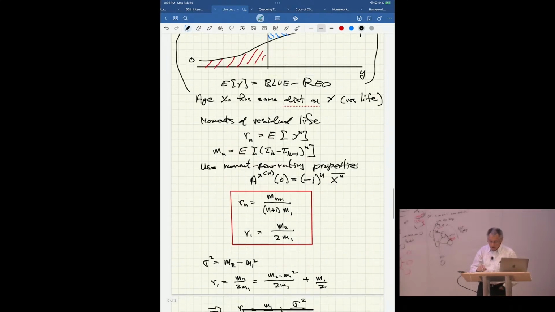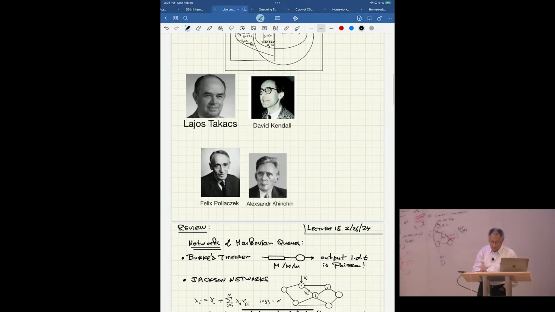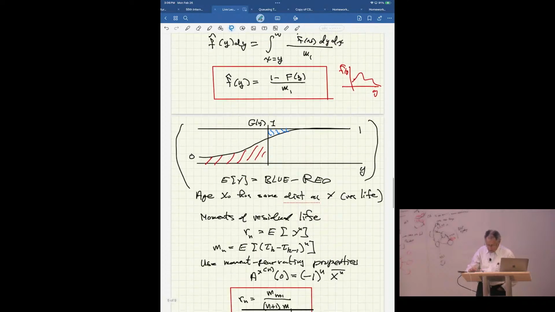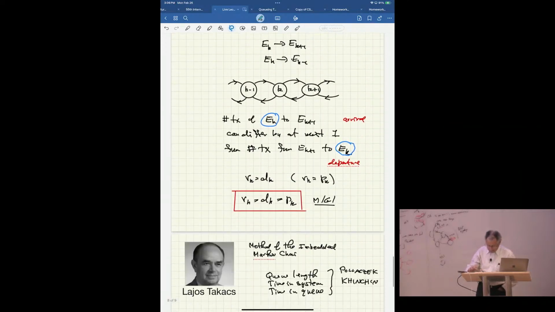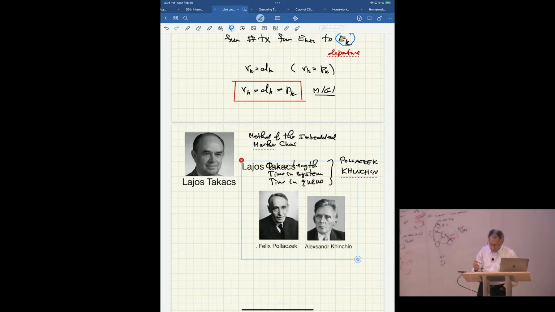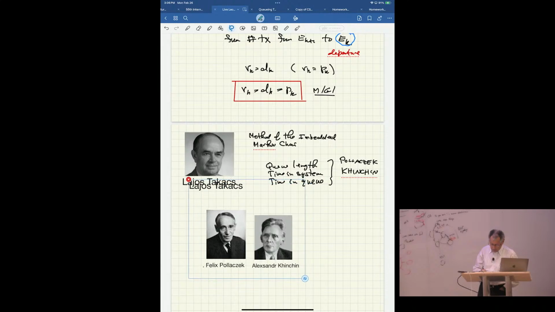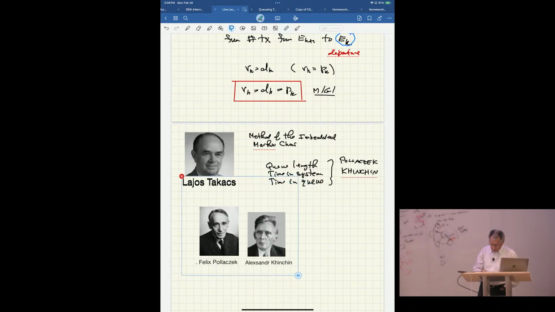And I know you want to know what these guys look like. I showed it to you once before, but you should remember what they look like, so here we go. I'll put it right into the text, if you will. Takacs showed up again. There. Okay.